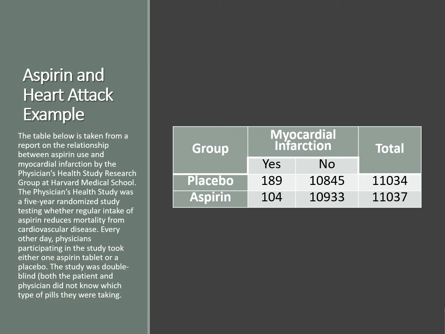The Physicians' Health Study was a 5-year randomized study testing whether regular intake of aspirin reduces mortality from cardiovascular diseases. Every other day, physicians participating in the study took either one aspirin tablet or a placebo. This is a double-blind study, meaning both the patient and the physician giving the medicine do not know whether it is placebo or aspirin.